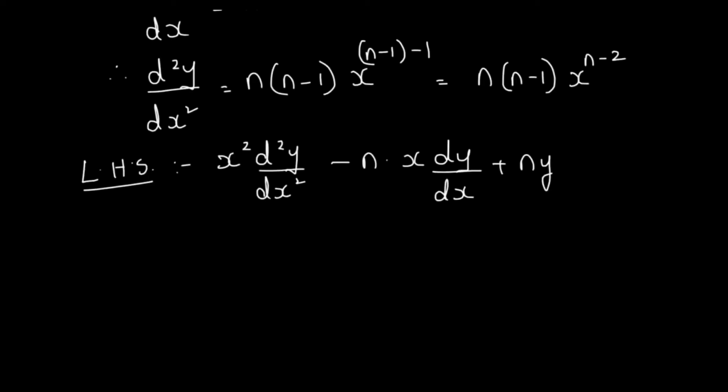Okay. So in this case, we substitute the values. We first write x square, and instead of d2y by dx2, we are going to write this particular value that we got over here. So we are going to write n into n minus 1 into x raised to n minus 2. This is the value for d2y by dx2 that we got over here. Minus n into x.